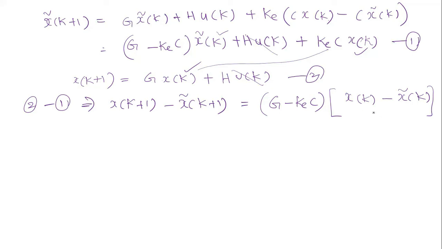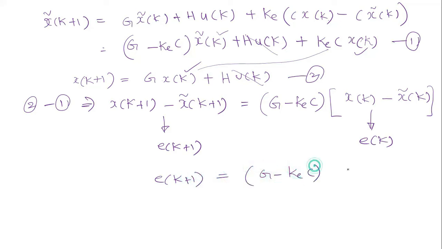So I call this x of k minus x tilde of k. x of k is the actual state and x tilde is the observed state. So the difference between these two is our error e of k. So x of k plus 1 minus x tilde of k plus 1 becomes e of k plus 1, right? So the error dynamics is e of k plus 1 equal to g minus kec times e of k.